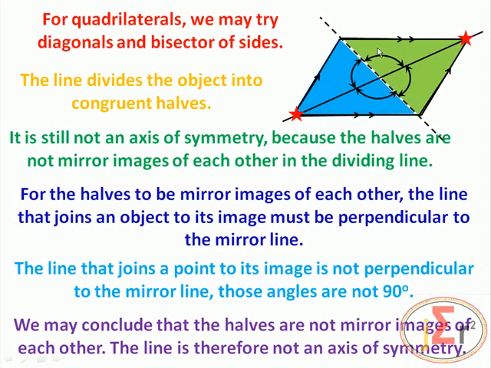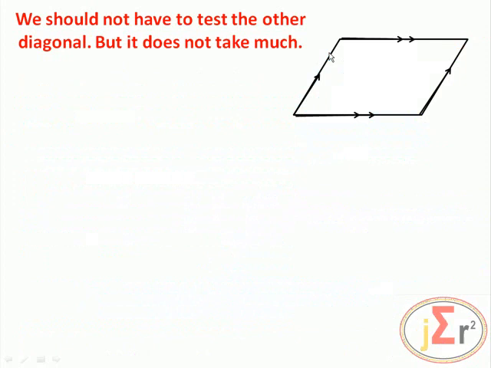And of course, although the line is not an axis of symmetry, we know that the triangles are congruent. They are congruent, but the line is not a line of symmetry. We should not have to test the other diagonal.